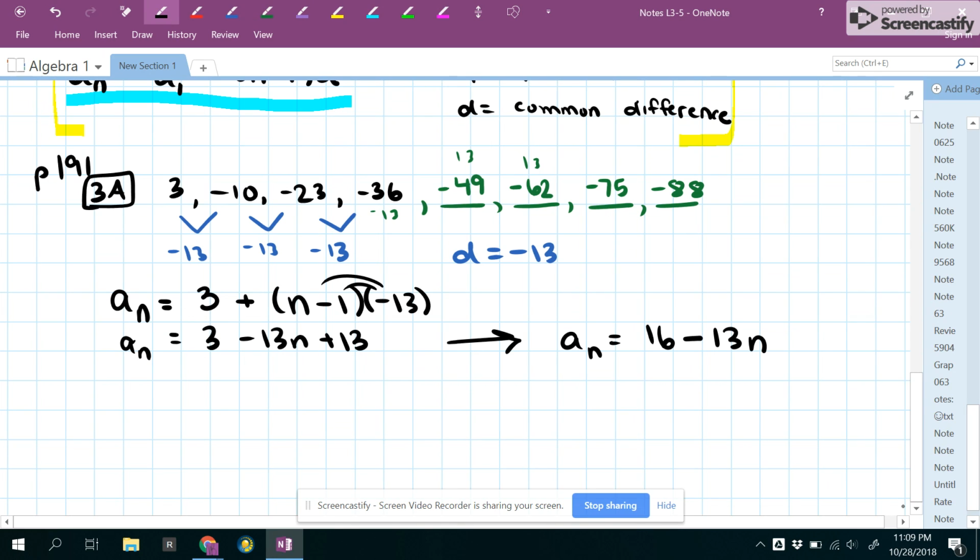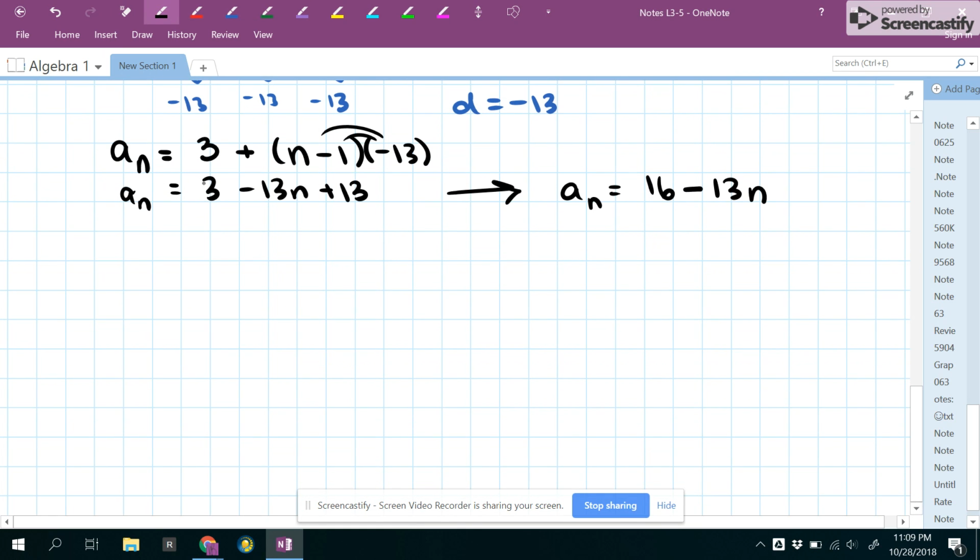So besides writing an equation, you need to be able to use that equation. So if I want you to find the 15th term, that just means that n equals 15. So just plug it in. 16 minus 13 times 15.